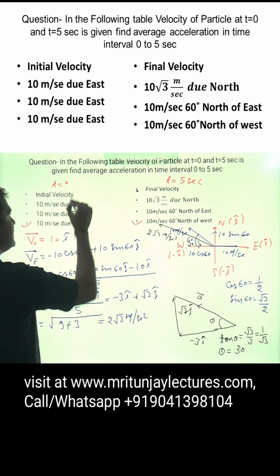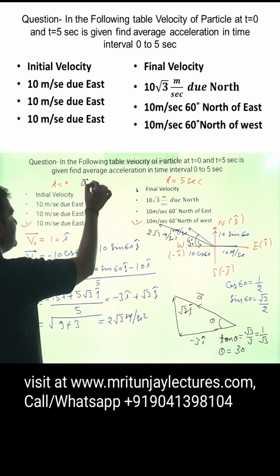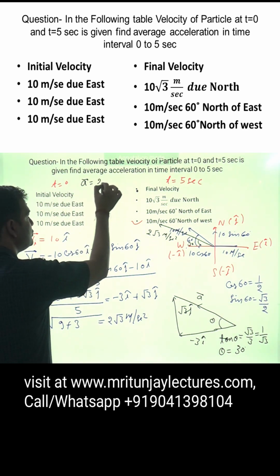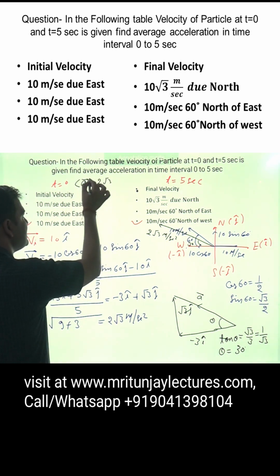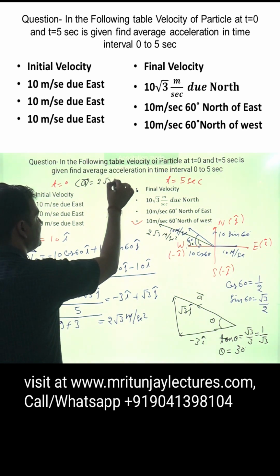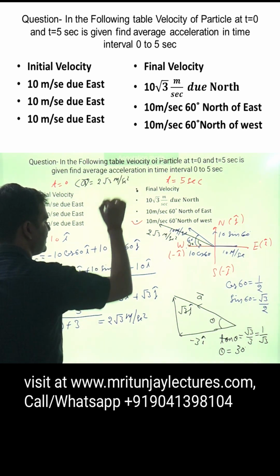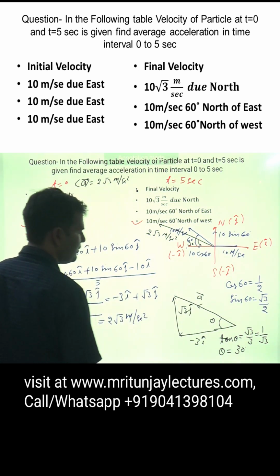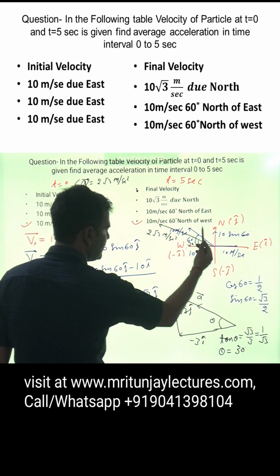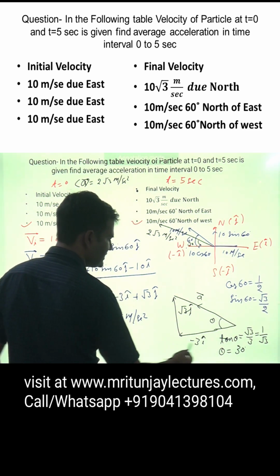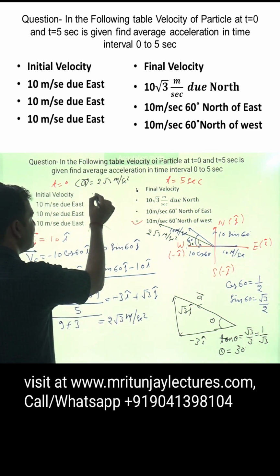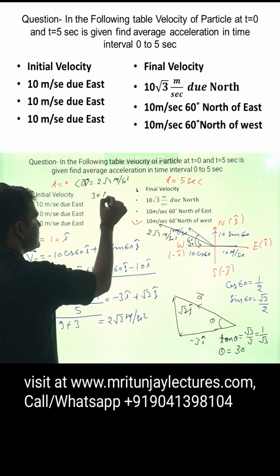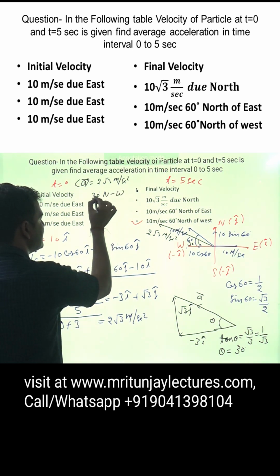So the final average acceleration is 2 root 3 meter per second square, north of west, how much angle? 30 degree. 30 degree north of west is the final answer.